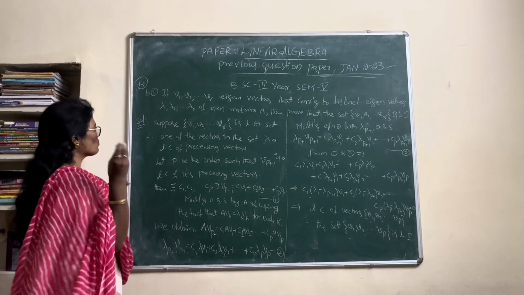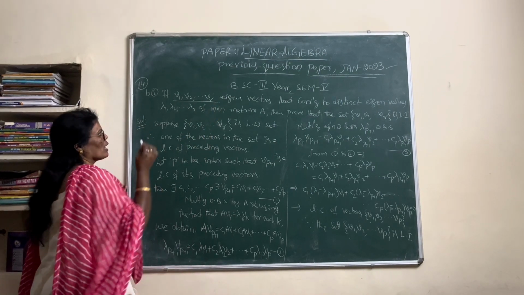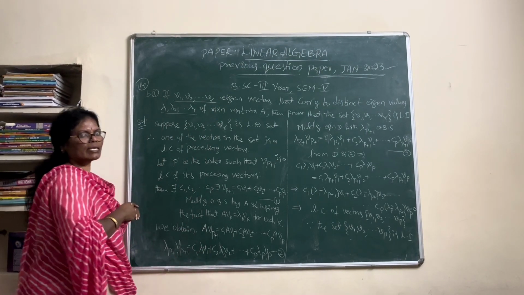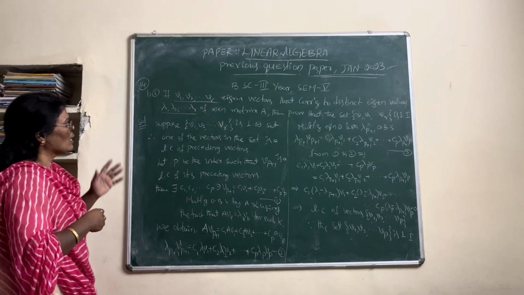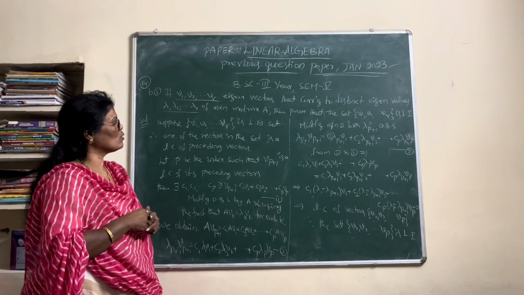Okay, so suppose these are the vectors and the corresponding eigenvalues are lambda 1 to lambda r in the matrix A, M by N, all distinct eigenvalues.